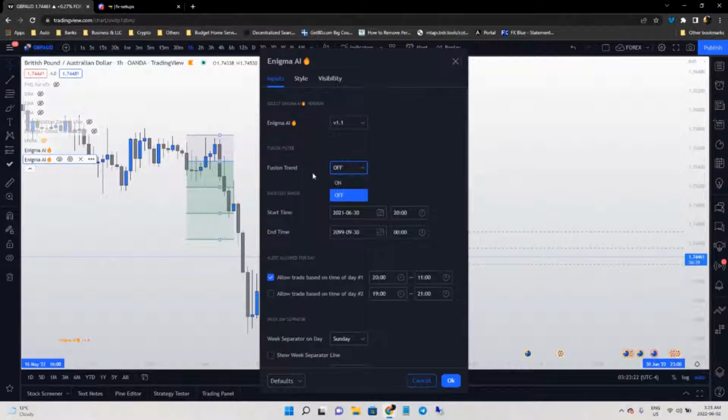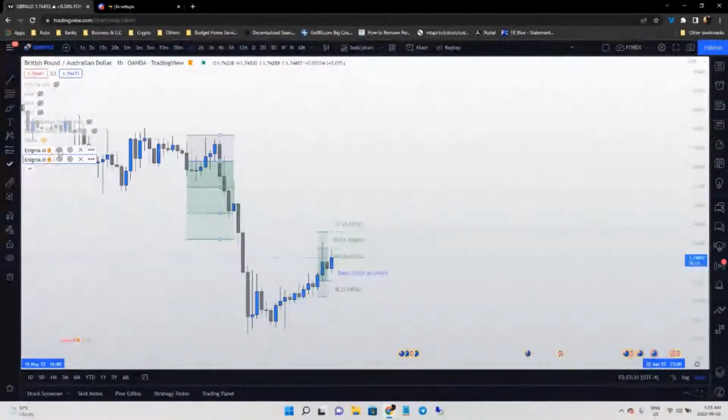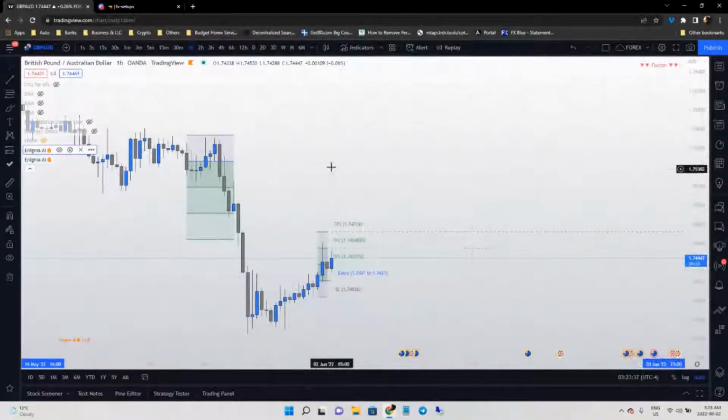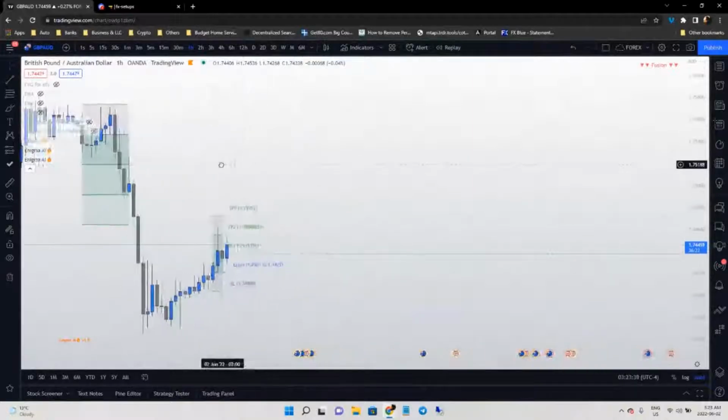So perfect. I'll leave it off here, and I'll put the trend on in the back with the other one, so that way you can see it here. Perfect. So we're gonna have two of them.